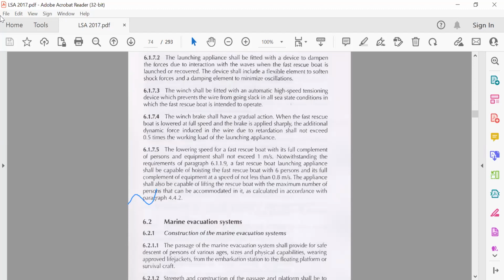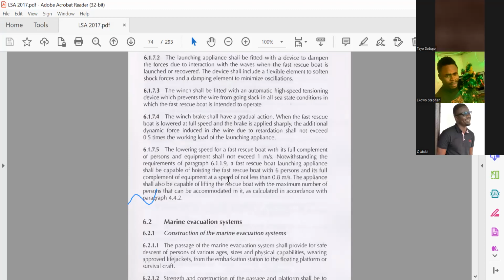And it says also in 6.1.7.3, the winch shall be fitted with an automatic high-speed tensioning device which prevents the wire from going slack in all sea state conditions in which the fast rescue boat is intended to operate.